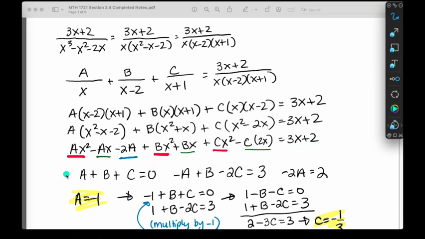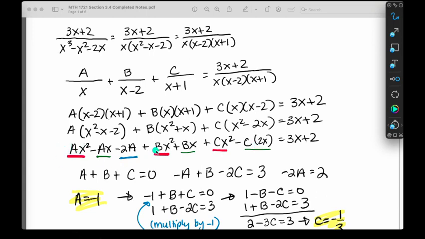So now you want to try to look at your like terms, and I color coordinated it here. I have an x squared here, an x squared here, and an x squared here. So if I were to combine these, I would get a plus b plus c x squared. Now, because there's no x squared here, when I combine those, I want it to be 0.